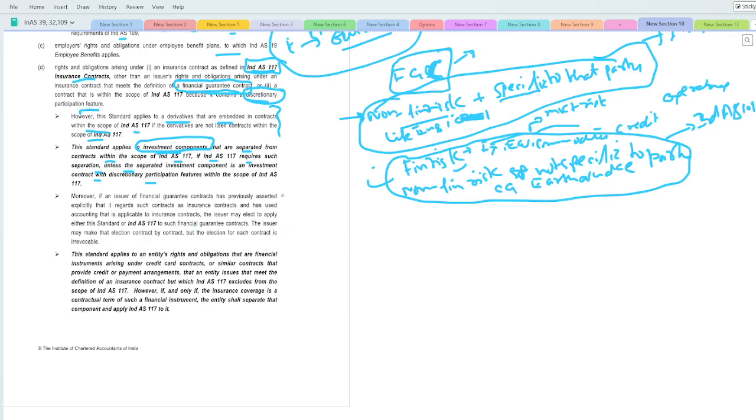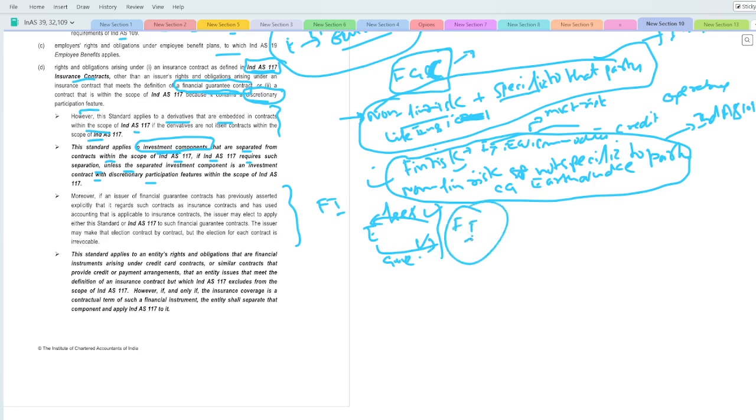Okay, so first the financial guarantee contract is a financial instrument, correct? Because this is what I've told you, that the insurance entity is getting fees for giving the financial guarantee contract, and in case that event happens, then the entity has to give the money back, or whatever the amount for which the insurance is taken. So here also there is cash, which means it's a financial instrument.